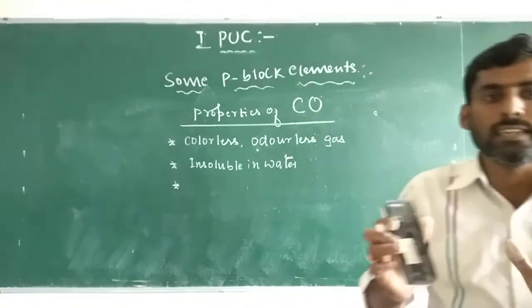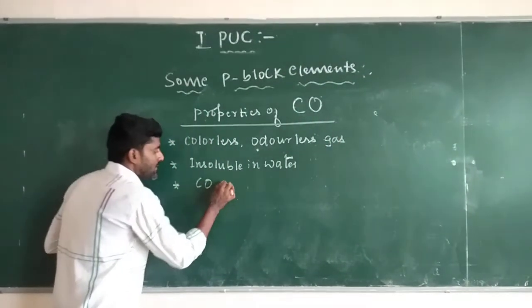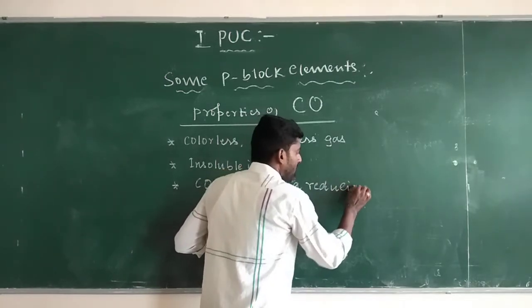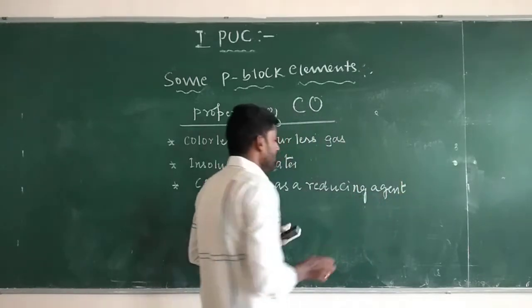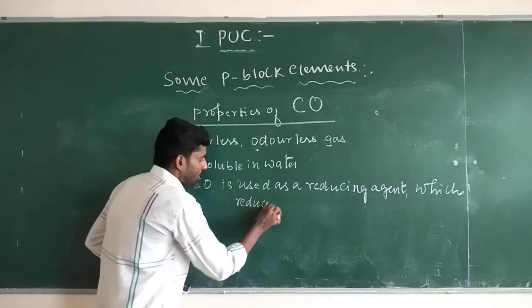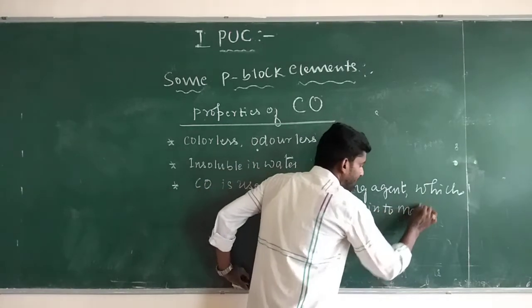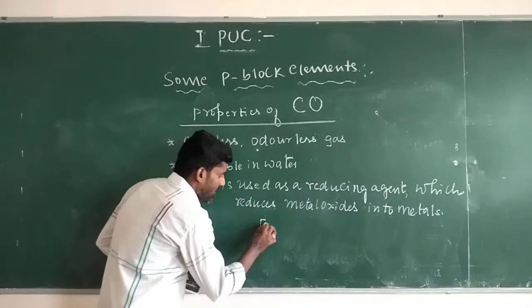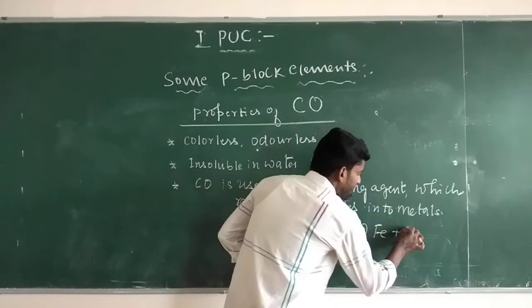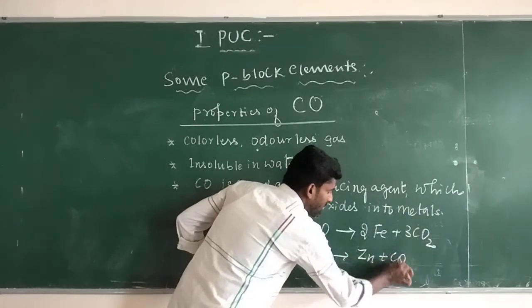Carbon monoxide acts as a very good reducing agent to reduce metal oxides into metals. For example, Fe2O3 plus 3CO gives 2Fe plus 3CO2, and zinc oxide plus CO gives zinc plus carbon dioxide.